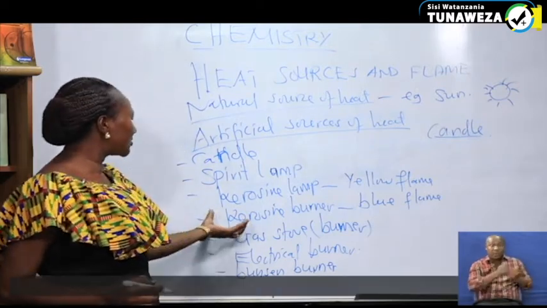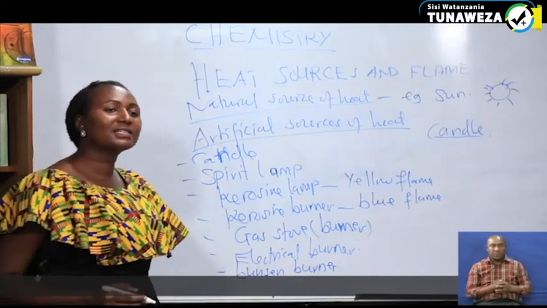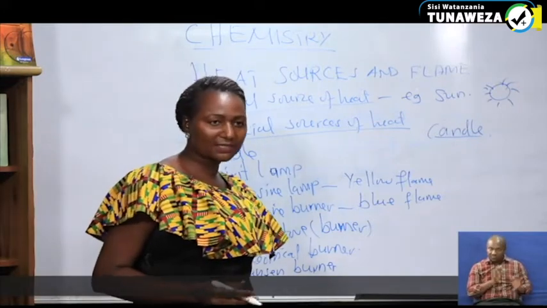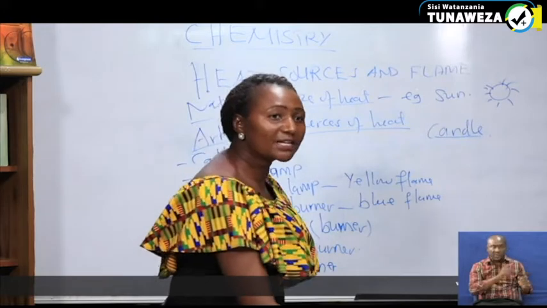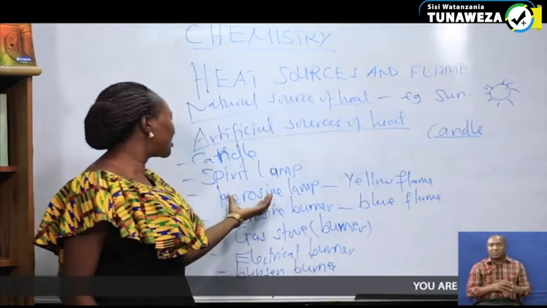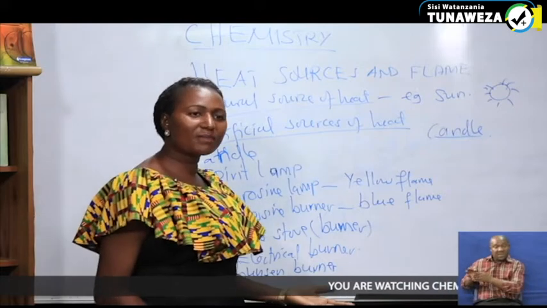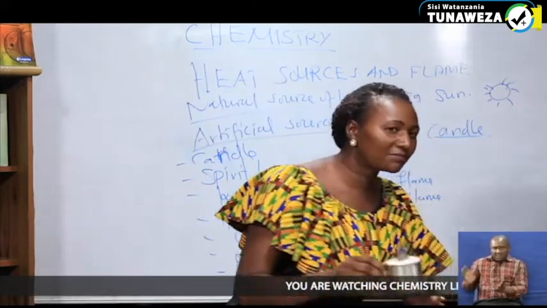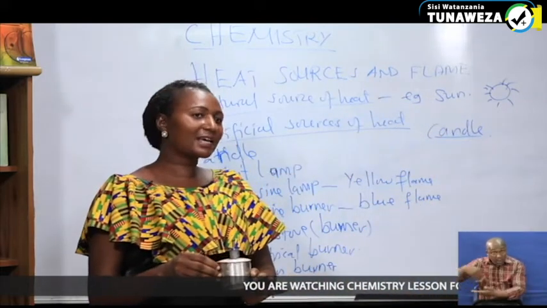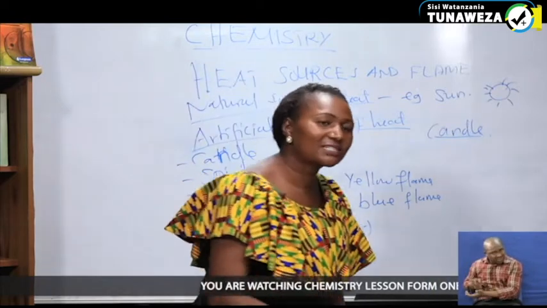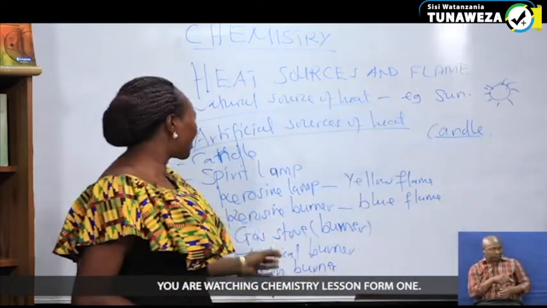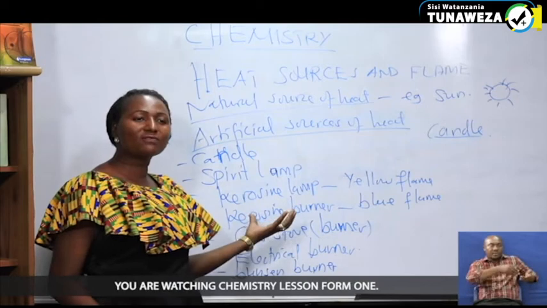Because it produces very high heat, it is used for cooking purposes. Normally, we do not use a kerosene lamp for cooking. Have you seen your mother use a kerosene lamp for cooking? I think the answer is no. But normally, you use a kerosene burner at your home for cooking.